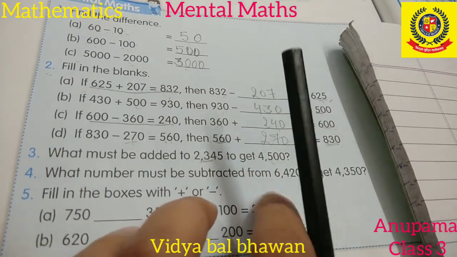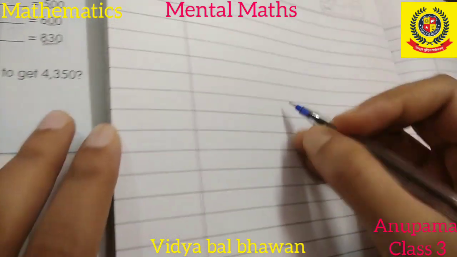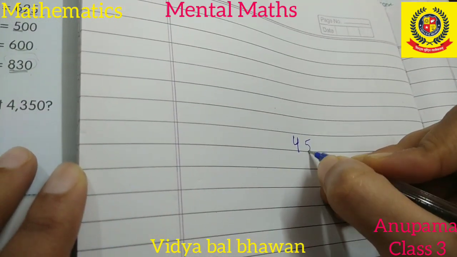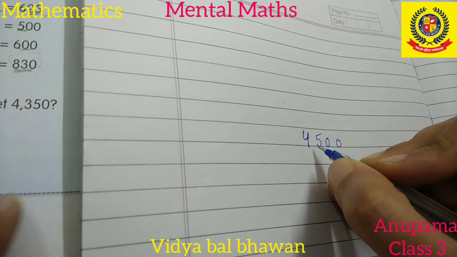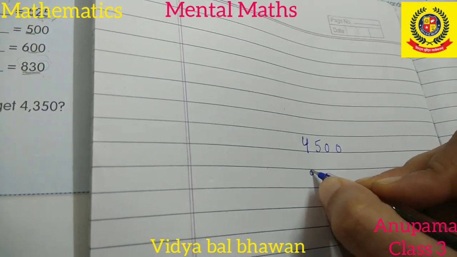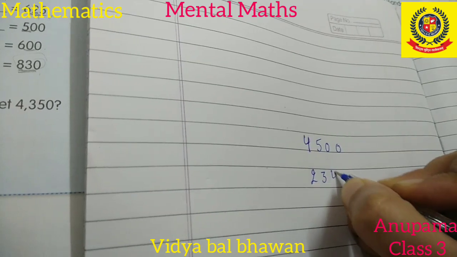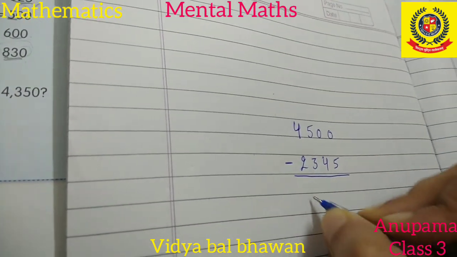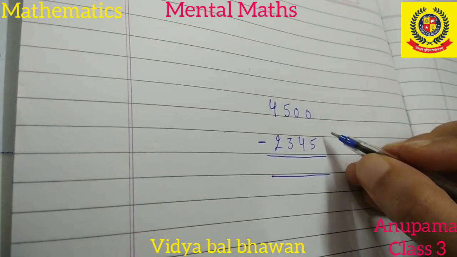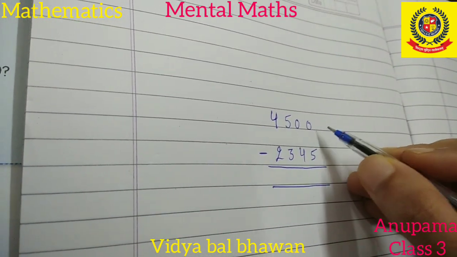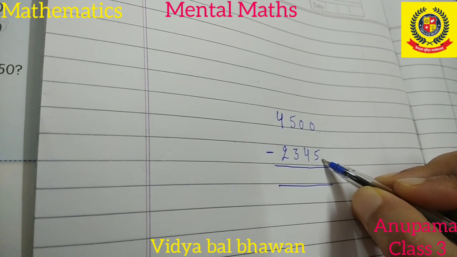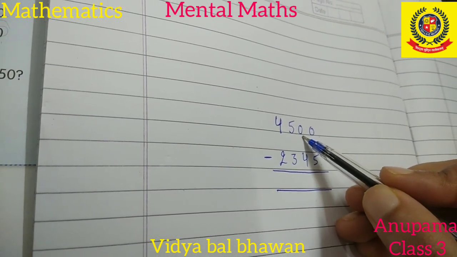So here what I am doing, we will subtract 2345 from 4500. Okay. So here is 0. So 0 minus 5 is not possible. So what will we do?